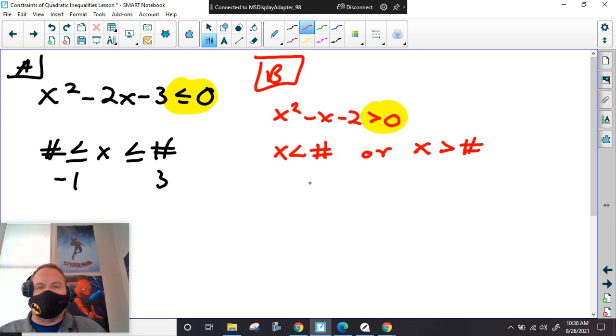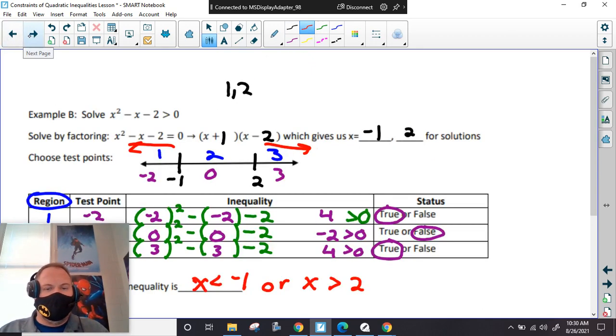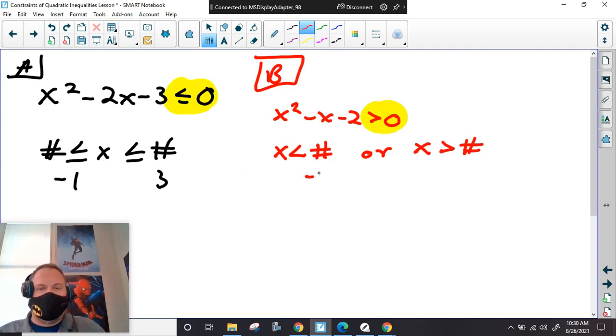And our numbers on this one were -1 and 2. So we have two examples right here. They're very similar in the process, except the answers are written differently, right?